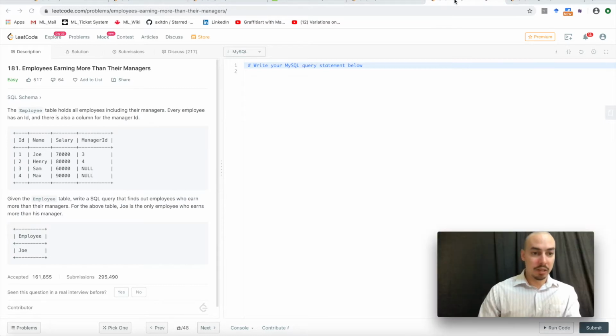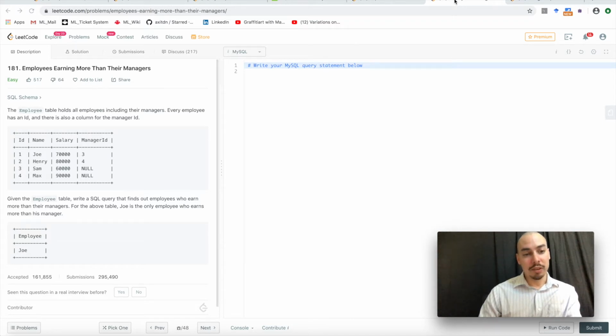Next up, Employees Earning More Than Their Managers. Easy. SQL schema. The Employee table holds all employees, including their managers. Every employee has an ID, and there is also a column for the manager ID. So let's look at that. We got ID 1, 2, 3, 4, name Joe, Henry, Sam, Max, with salaries 70, 80, 60, 90.